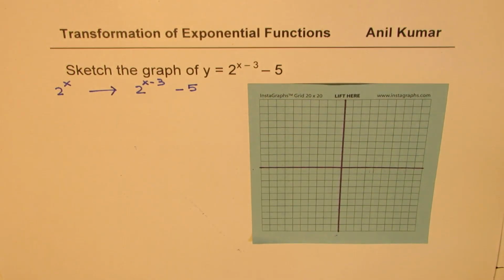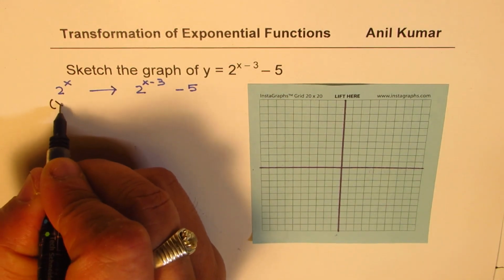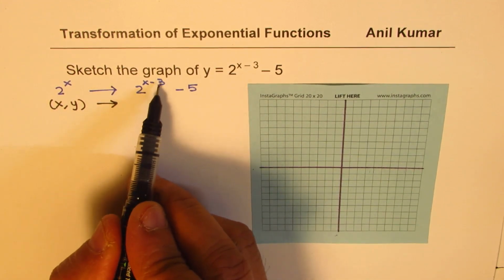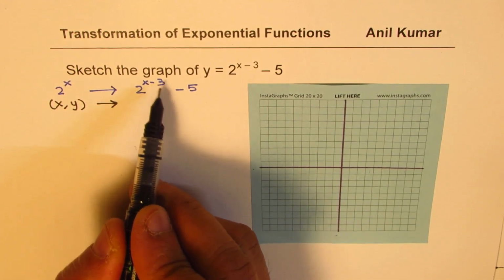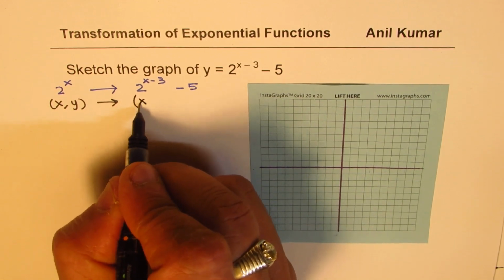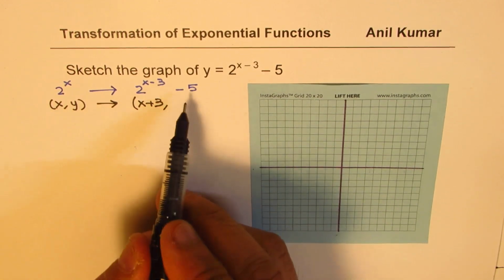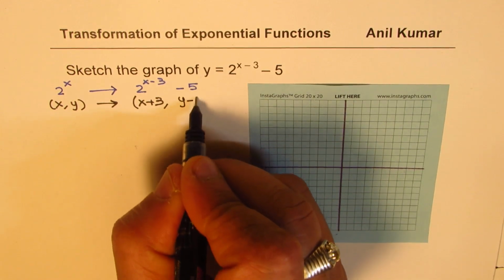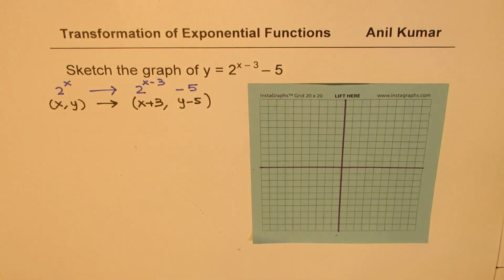So if you have a coordinate point x and y on 2 to the power of x, how will these coordinates change? So this means horizontal translation 3 units to the right, so x value will increase by 3. Vertically translated 5 units down, so y value will be y minus 5. Clear? So that is what the transformation is.